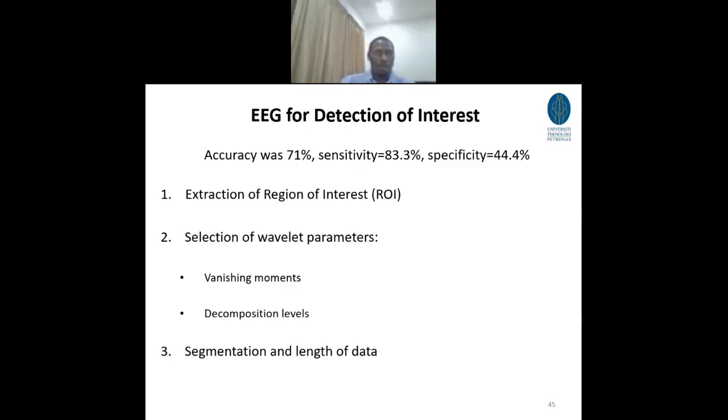So for region of interest, it was based on the different points that we have. But even in the signal itself, we try to look at the segmentation. So if I, for example, have a portion of about 1 minute, we could look at the video, because we have the video for the session.